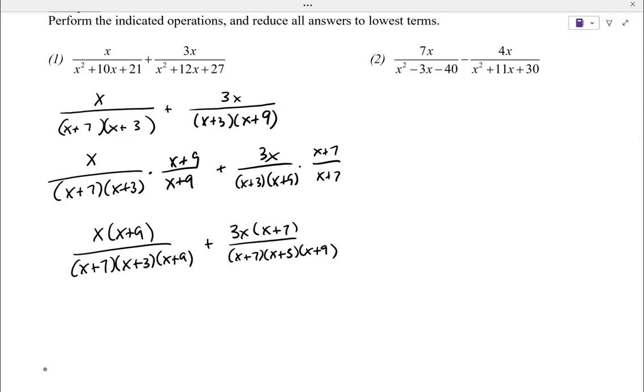Remember, when you multiply fractions, you multiply top to top, bottom to bottom. That's all I did there. We have the same denominator now on bottom, so we now can just add across the top, right? So when we add those two together, we'll have x times x plus 9 plus 3x times x plus 7 over the common denominator we found.